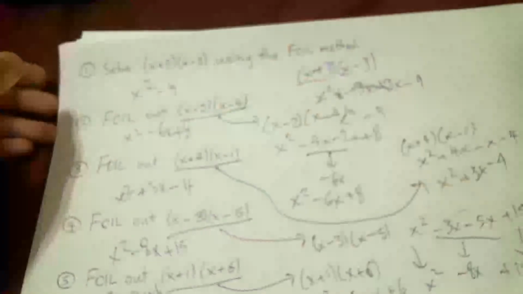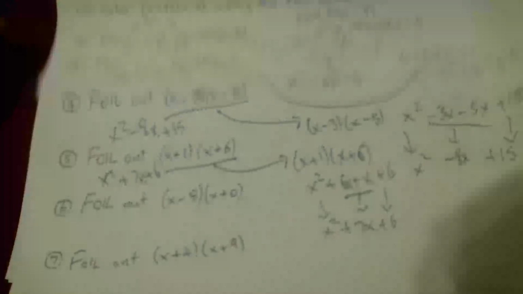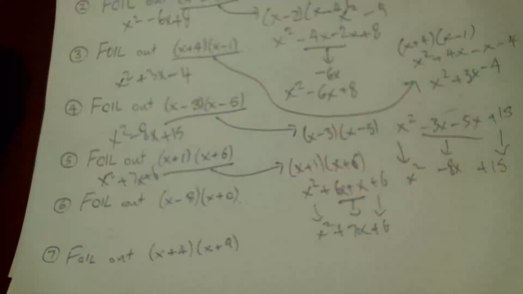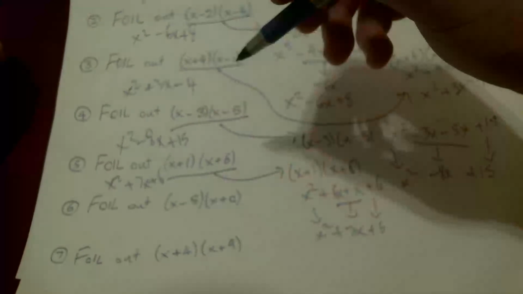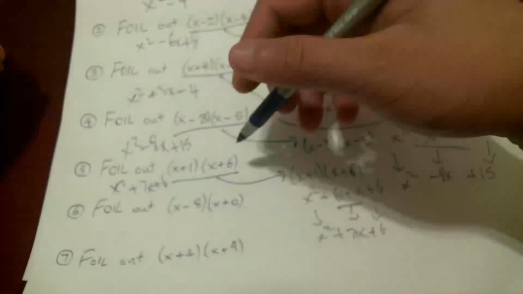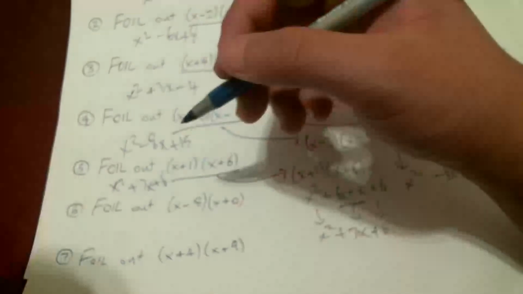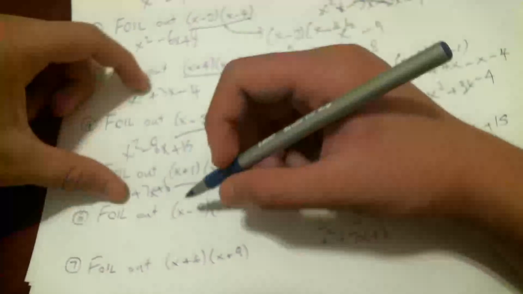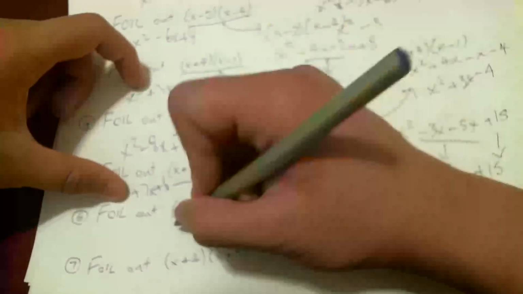Alright, so let's do the sixth one. This one is FOIL out x minus 8 times x plus 0.